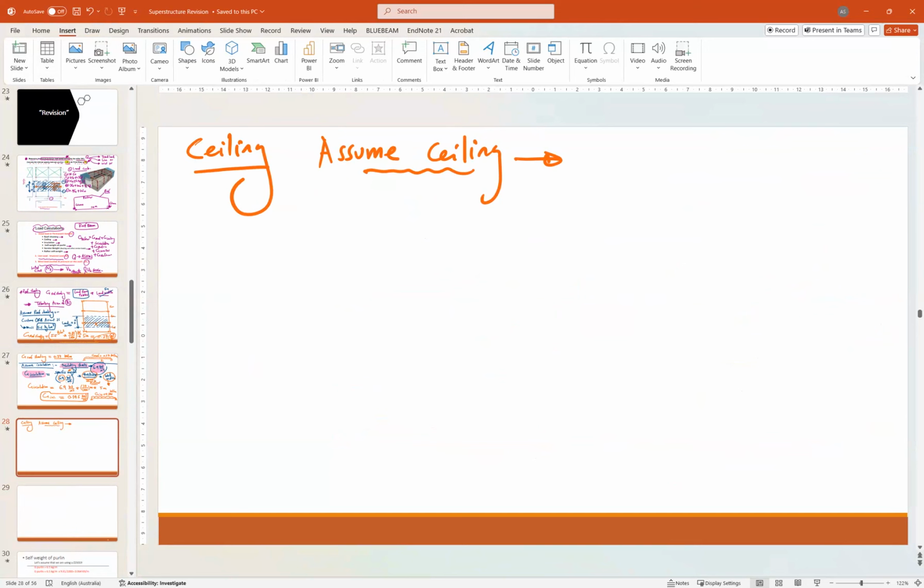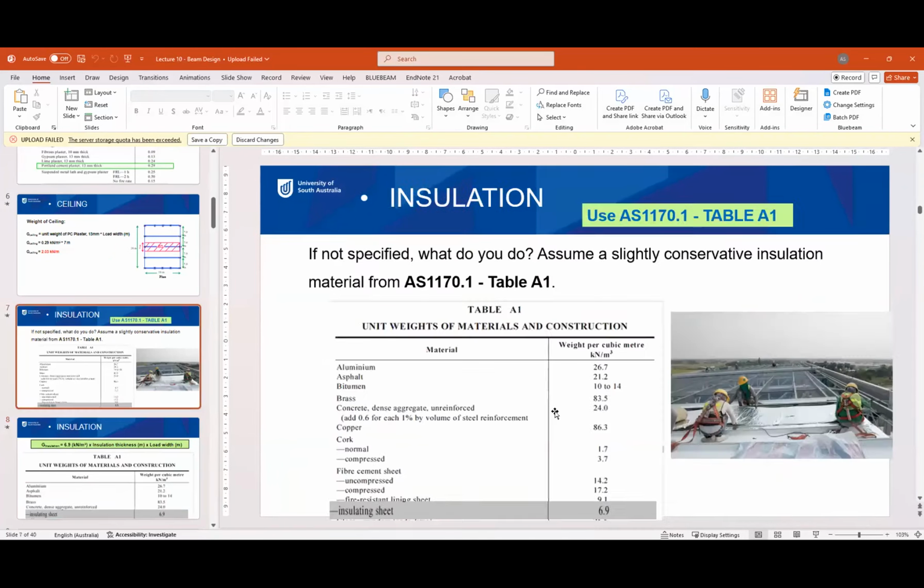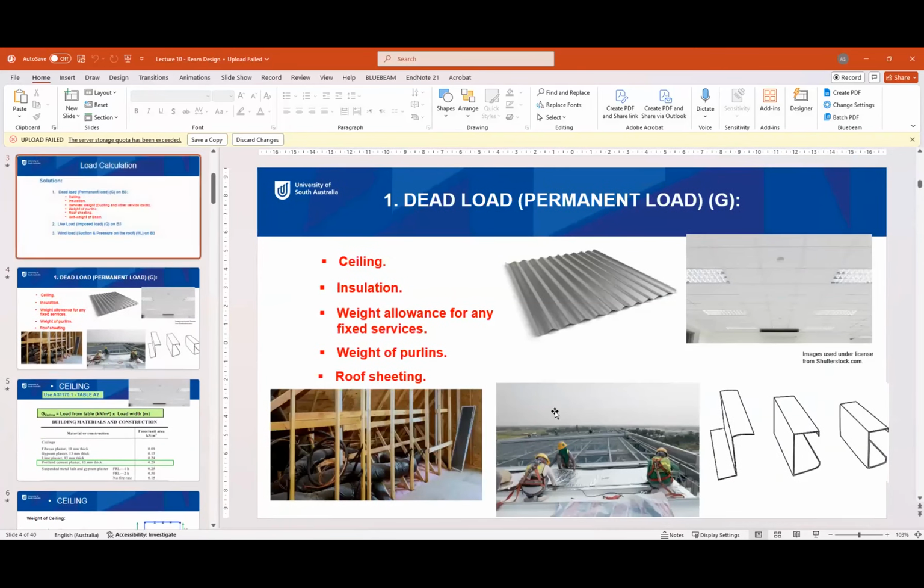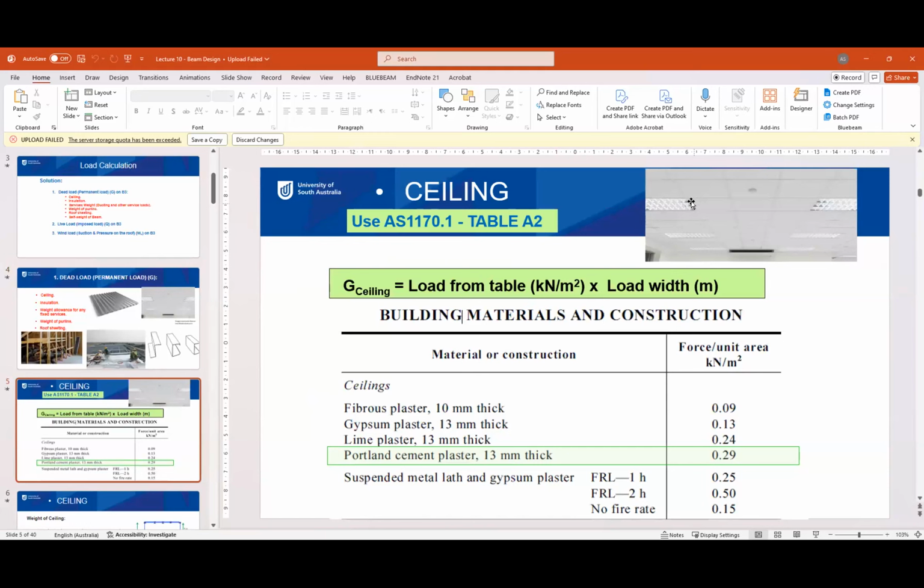If we go to the other slide, from here, I assumed a ceiling of BCB of 13 millimeter. How much is the load from the self weight of the ceiling? 0.29 kilonewton per square meter.